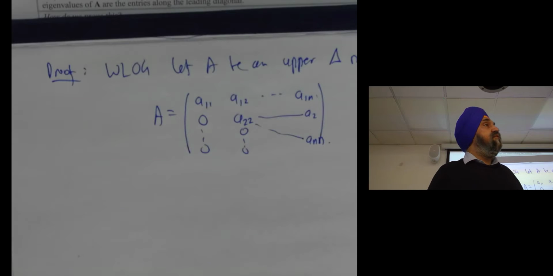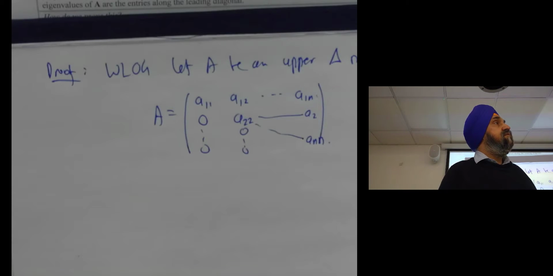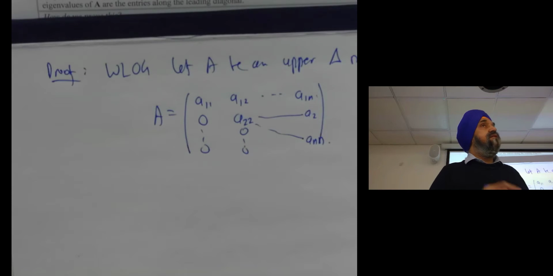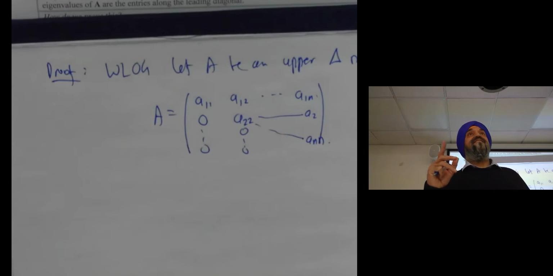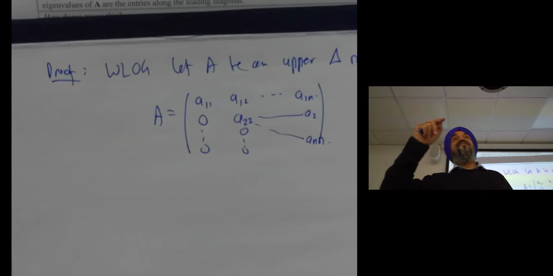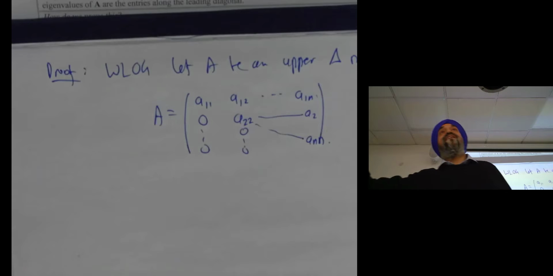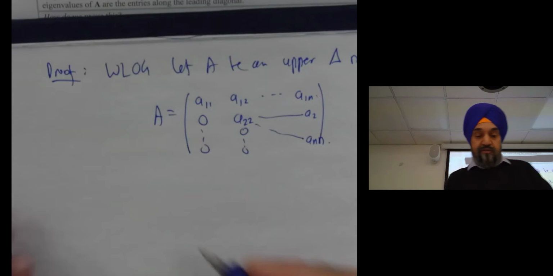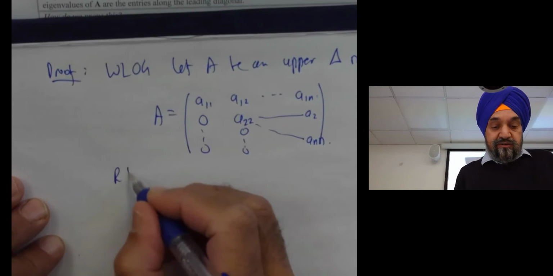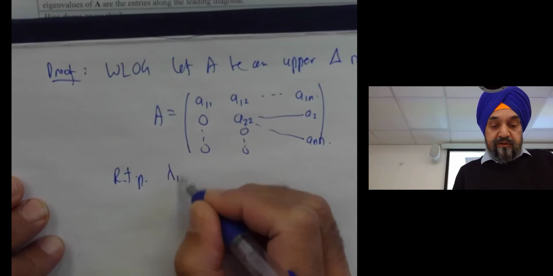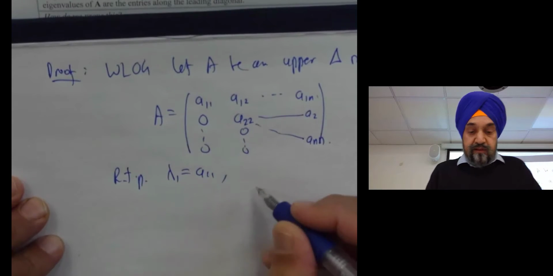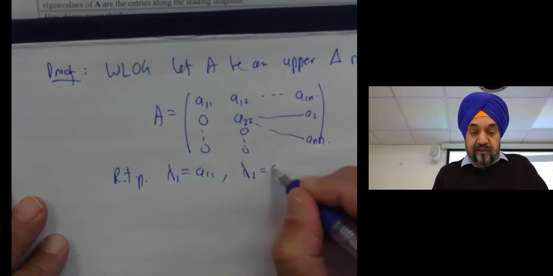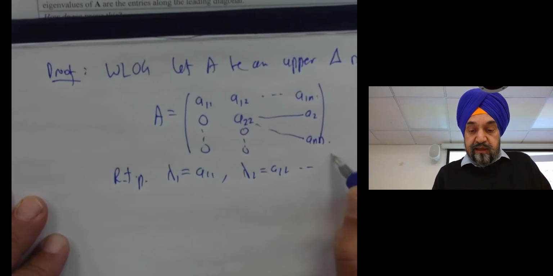A11 is lambda 1, A22 is lambda 2, A33 is lambda 3. Yeah, we want to prove this. Our last line required to prove is lambda 1 is A11, lambda 2 is A22, and lambda n is Ann.